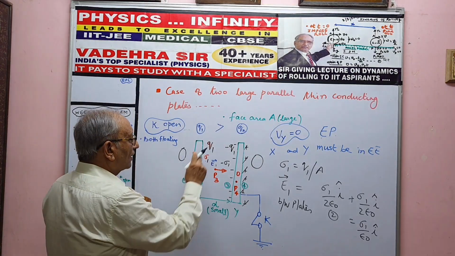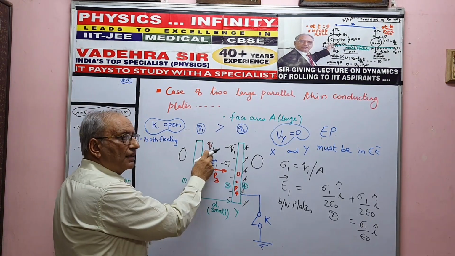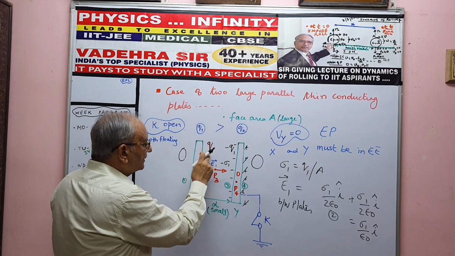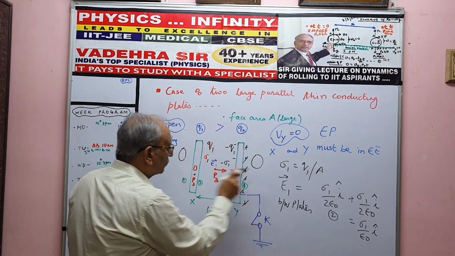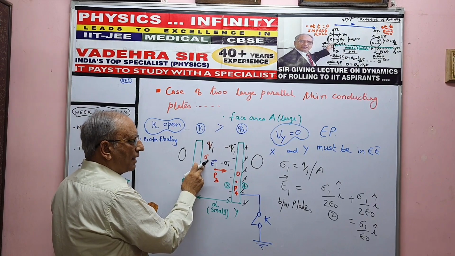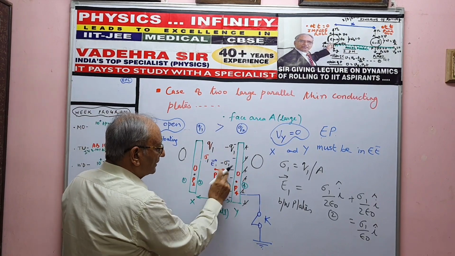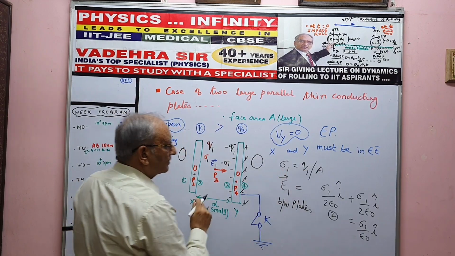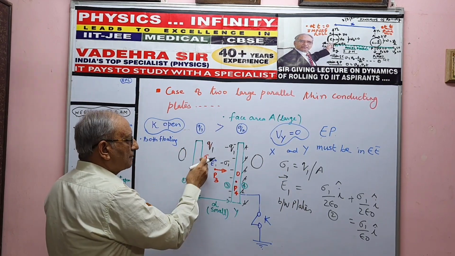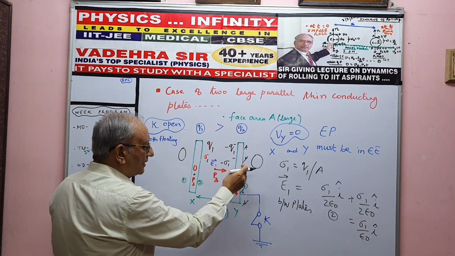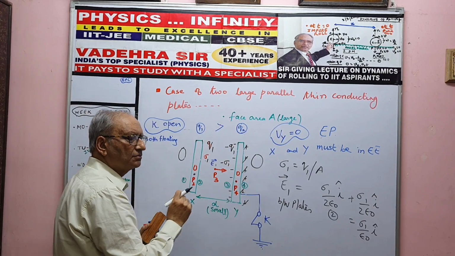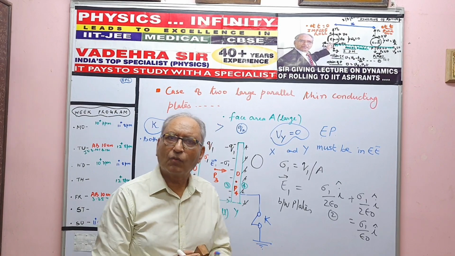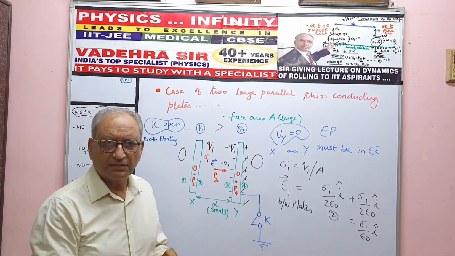Another thing, why will the whole of Q1 come here? Check it now. If this Q1 is here, then I've already shown you this surface will have sigma 1, and by Gauss's law, this will have minus sigma 1, minus Q1. So the field comes out to be 0. Sigma 1 creates a field to the right, minus sigma 1 to the left, and it cancels. So this is what will happen when the plate Y is earthed.